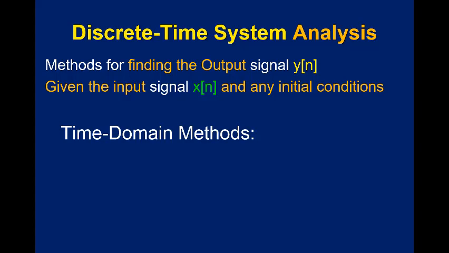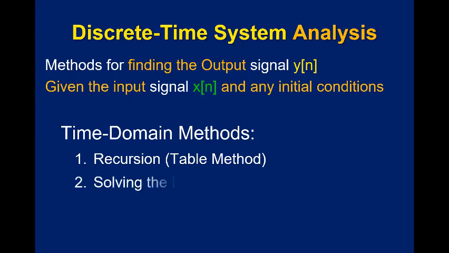And in the time domain, we're going to do that by two key methods. Well, actually 2.5. We're going to do it running the difference equation, first brute force, sample by sample, a method called recursion. Then we'll do it analytically by solving the difference equation.